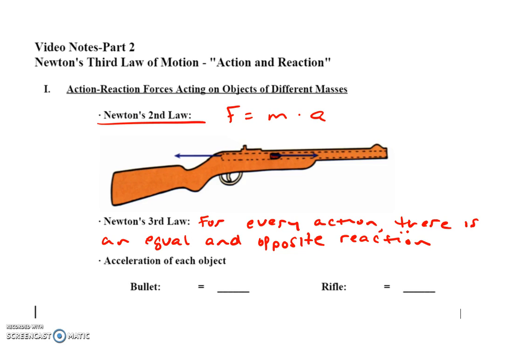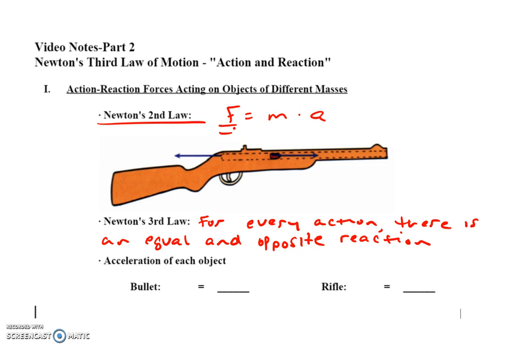The bullet is going to exert a force on the rifle, and the rifle is going to exert a force on the bullet. The forces are equal and opposite. So this part of the equation is the same. But the mass of the bullet and the mass of the rifle are different.